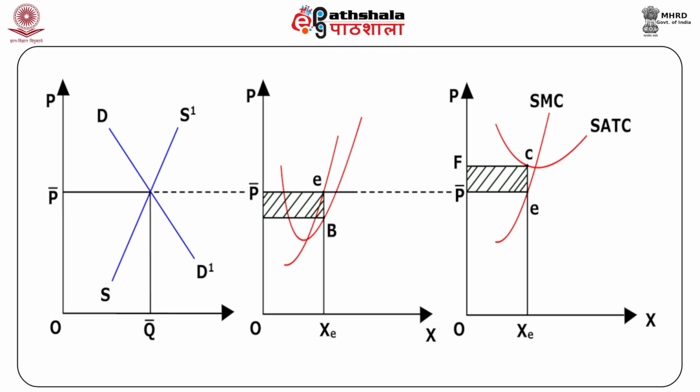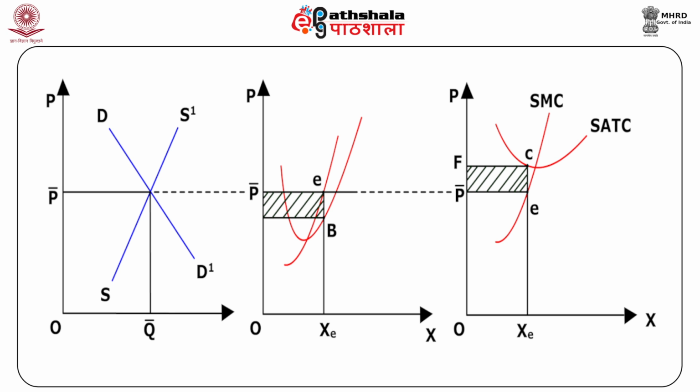And if we multiply this profit per unit by OXE, which is the equilibrium quantity, then the shaded area shows the supernormal profits.